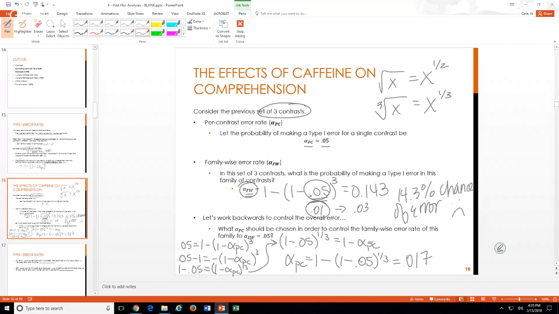Is it 1 divided by 3? Is that the way to put it in the exponent? So I have a little TI-30X. It's not scientific, but I have to put it in like this. I put 1 minus parenthesis 1 minus 0.05 close parenthesis, and then I have a little arrow parenthesis 1 divided by 3.